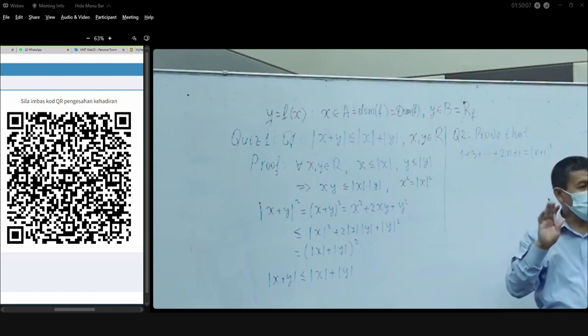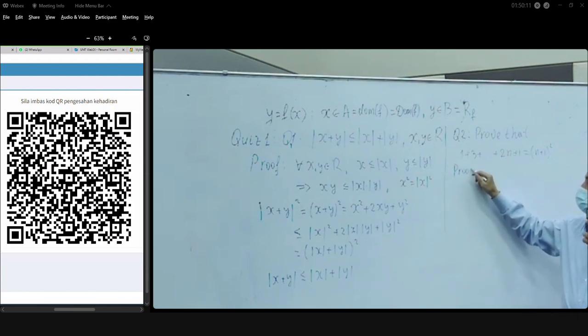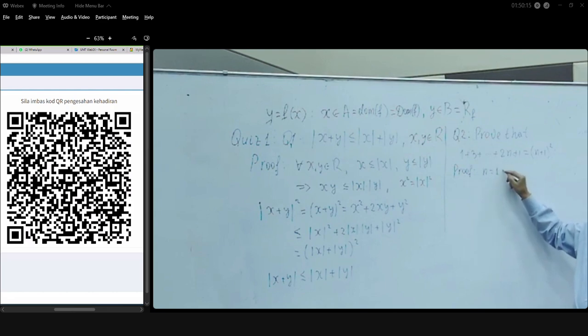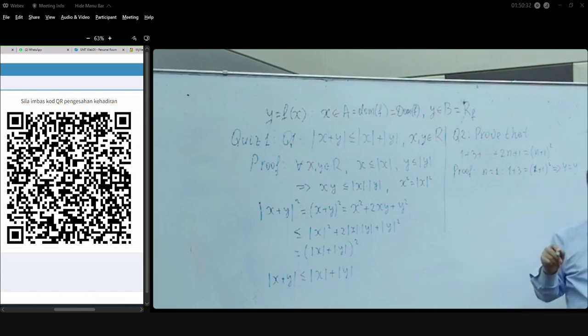This one many students proved properly. Proof: for n equal to 1, I will check. 1 plus 3 equals (1 plus 1) square. So it is correct, 4 equals 4.